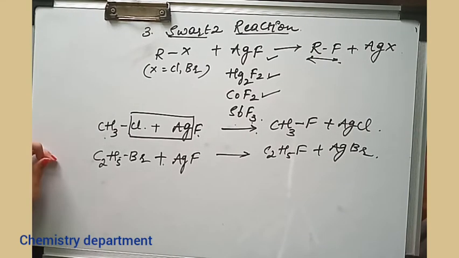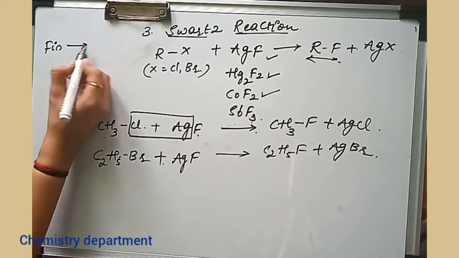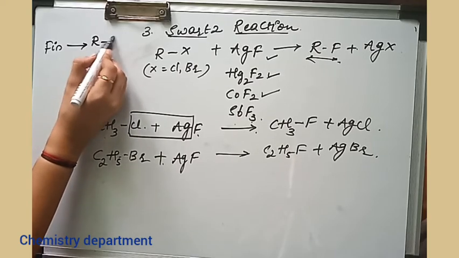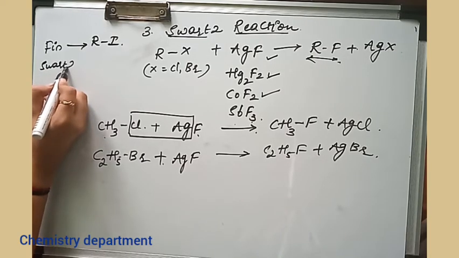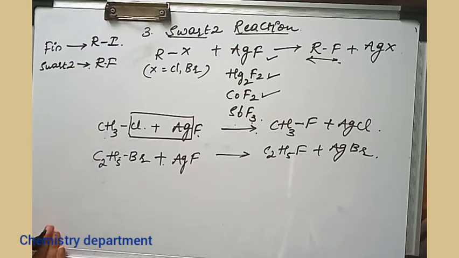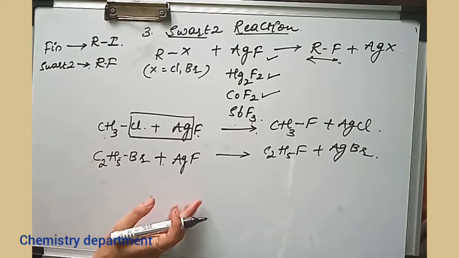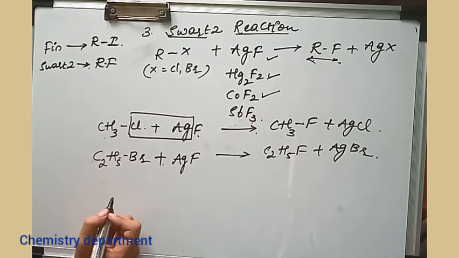So in this halogen exchange reaction, what you have to remember here is, in Finkelstein reaction, the product will be the respective alkyl iodides, whereas in case of Schwarz reaction, the products that you are going to get are alkyl fluorides. Schwarz reaction is very important. In other preparation methods, we did not prepare the alkyl fluorides.